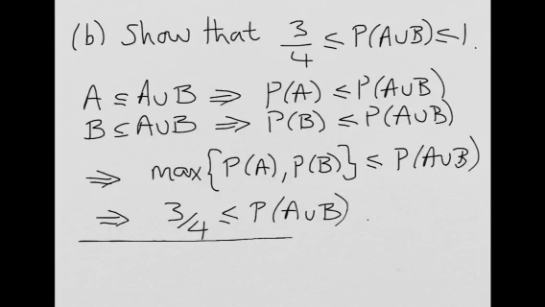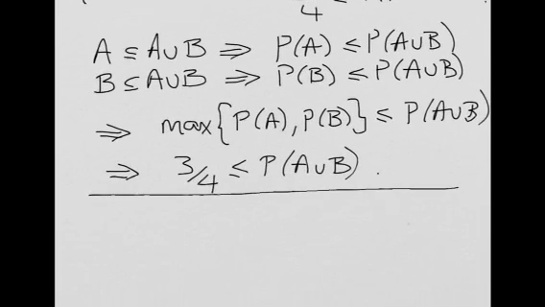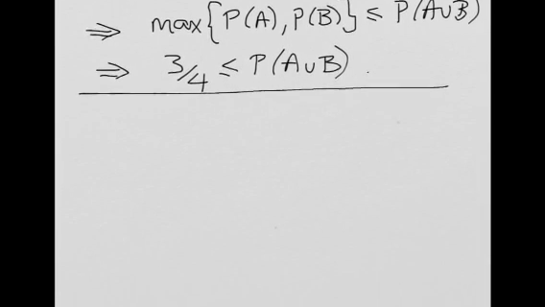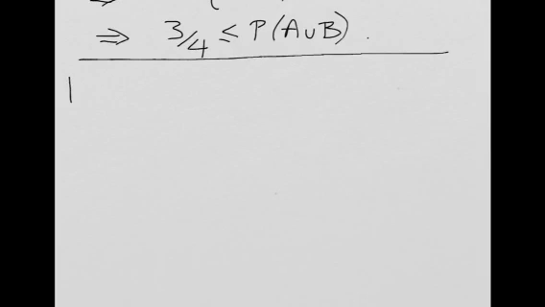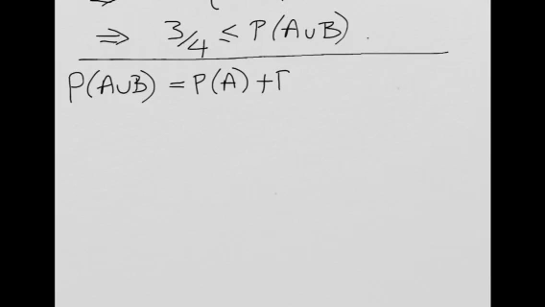Perhaps to adopt a more general approach to this question, let's start again with the addition formula. This is that the probability of A union B is the probability of A plus the probability of B minus the probability of A intersect B. If you consider this right hand side, we're subtracting something positive, which has the overall effect of reducing the right hand side.